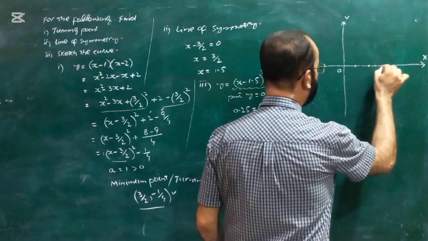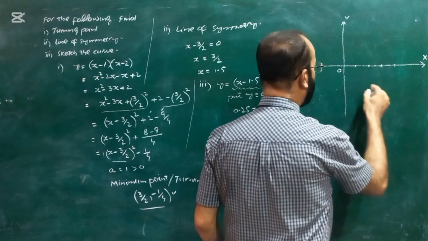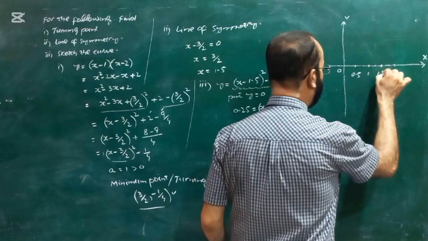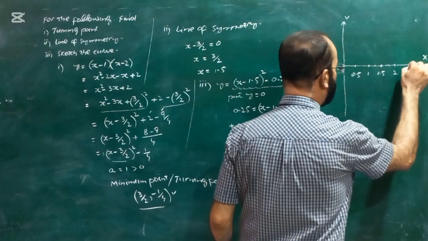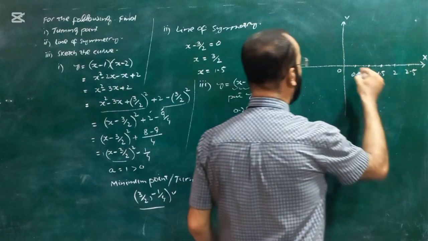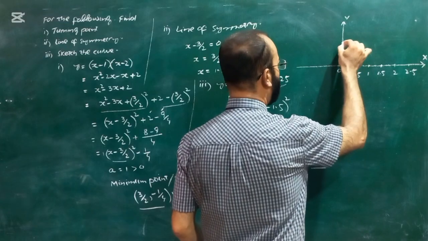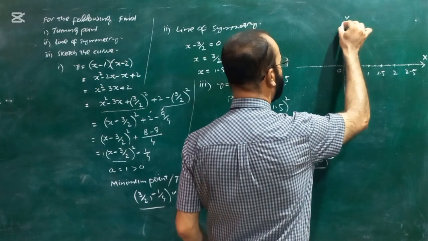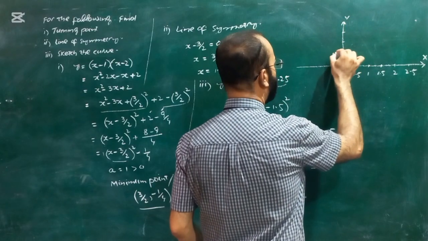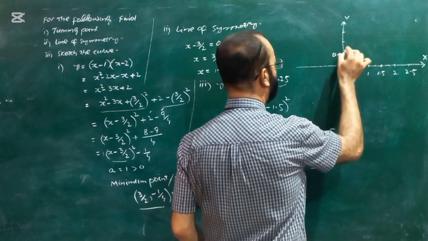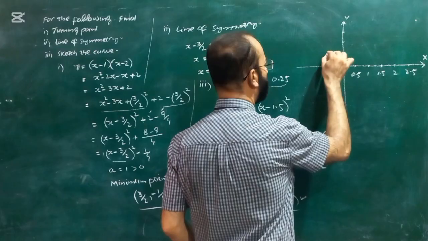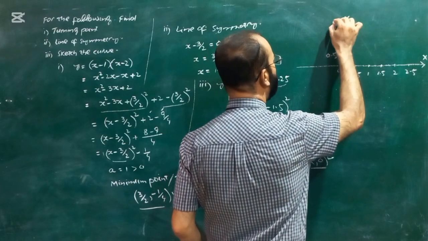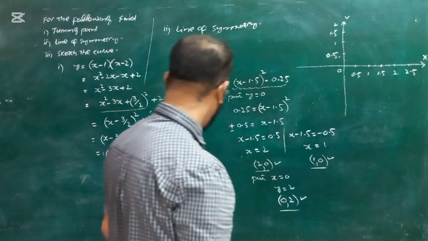For example, we have taken the scale 0.5. So 0.5, 1, 1.5, 2, and 2.5. Likewise on the positive y-axis, 0.5, 1, 1.5, and 2.